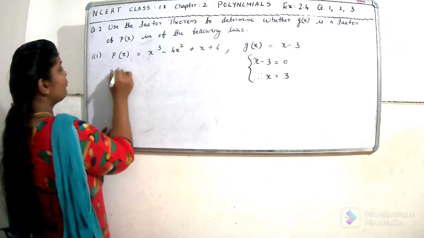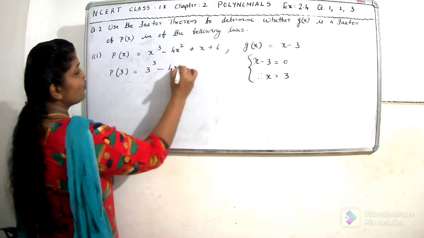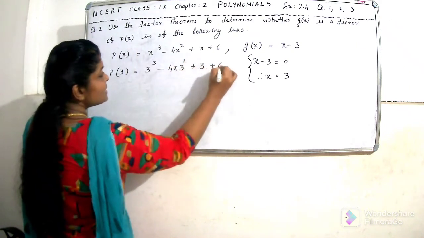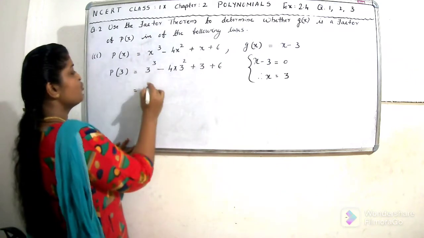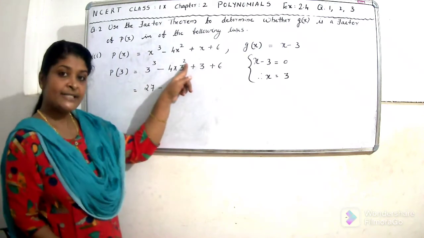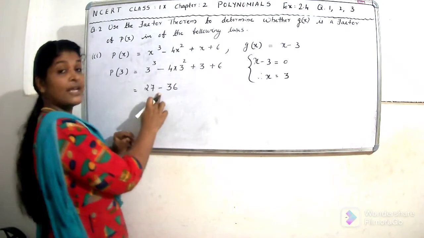So P of 3 equal to 3's cube minus 4 into 3's square plus 3 plus 6. Now 3's cube is 27. 3's square is 9. 9 into 4 is 36 and the sign is negative.